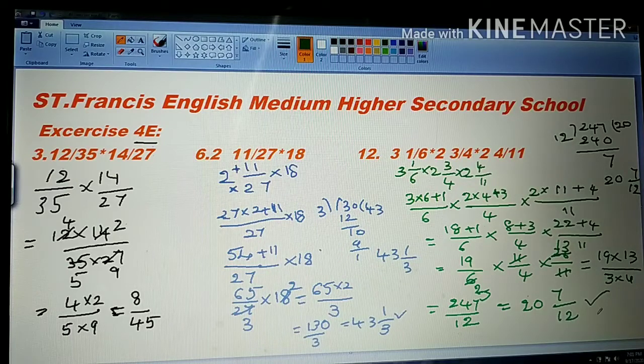Okay, so this is your answer here. Like that you have to do multiplications. If they are given in mixed fractions, first convert them into improper fractions. After that do as usual multiplication: multiply all the numerators, multiply all the denominators. Understood this one? Note down this one.